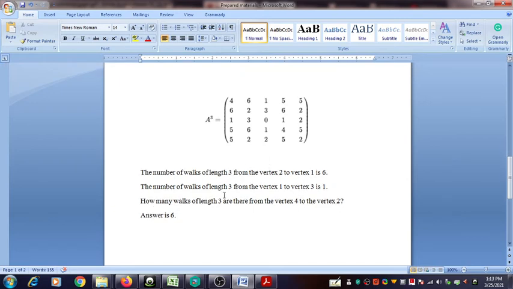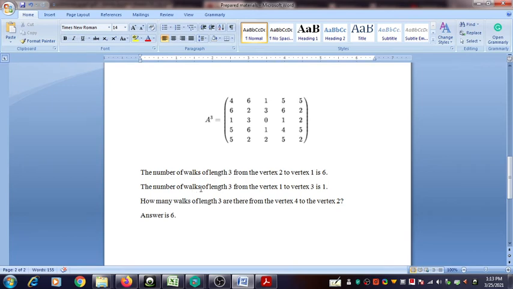Many similar questions can be asked based on this matrix. But if you are finding the answer using the matrix A cube, the length must be fixed at 3. You can find the number of walks of length 3 only using this matrix.